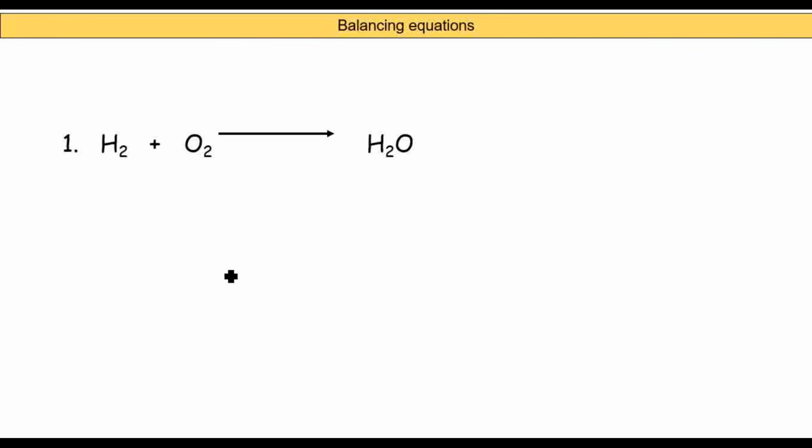Let's have a go at another one. Okay, so here goes. We start off by listing all the elements we have on the left reactant side, and all the elements we have on the right product side. So we have 2 hydrogen, 2 oxygen, and we have 2 hydrogen on that side and 1 oxygen.